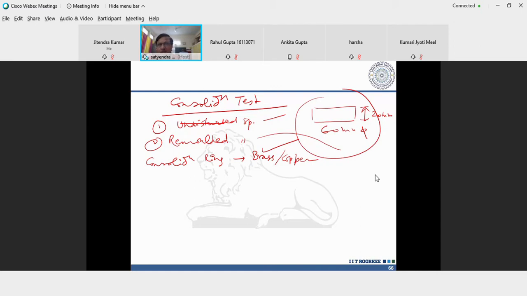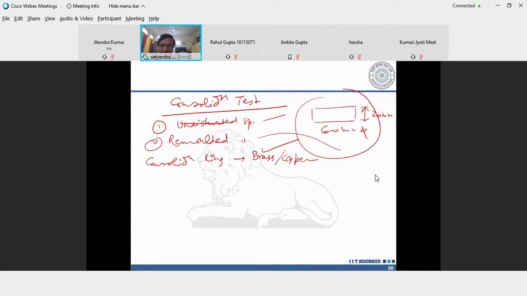Now I am talking of the bottommost porous stone. On the bottommost porous stone, firstly you keep a filter paper, above that you place the soil sample. Then above the soil sample, you place the filter paper again, and then the porous stone. So this is the setup.